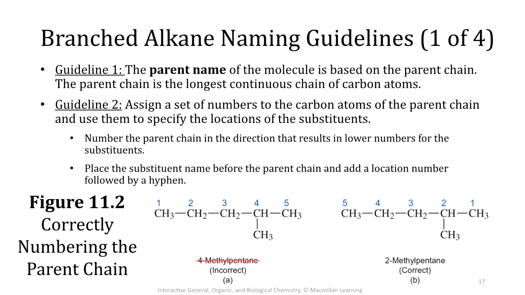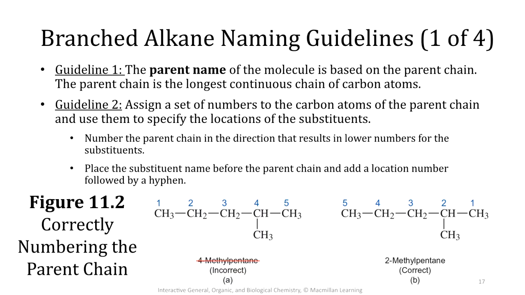Now, we're going to have to add some complexity to this, because methylpropane is simple. There's only one place for the methyl group to go. But if we have something that's a longer chain, we have to say where the methyl group is on the chain. So our first step is that the parent name of the molecule is based on the parent chain, that is the longest continuous chain of carbon atoms.